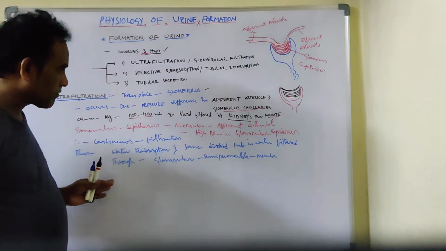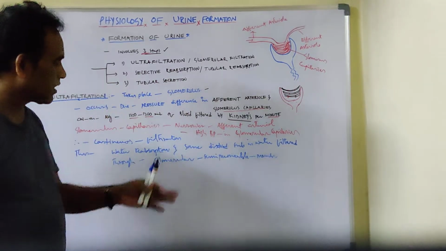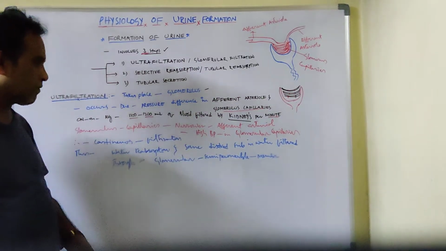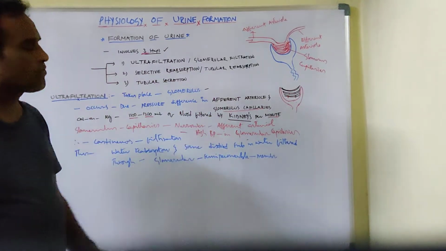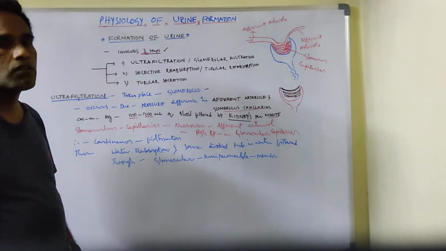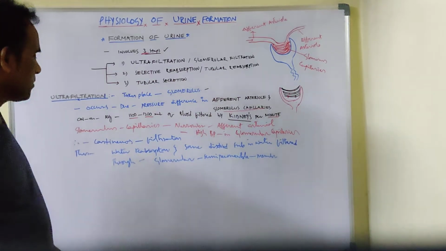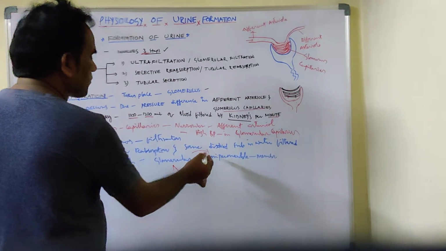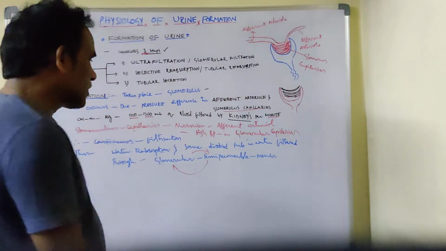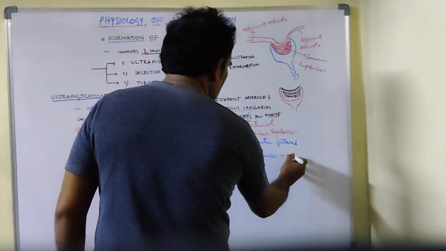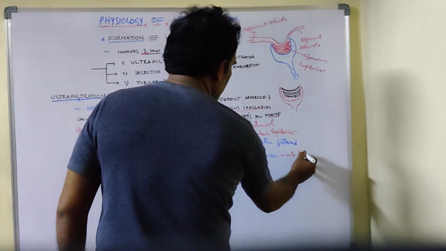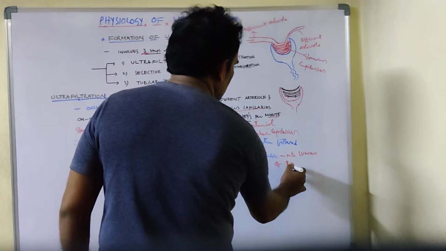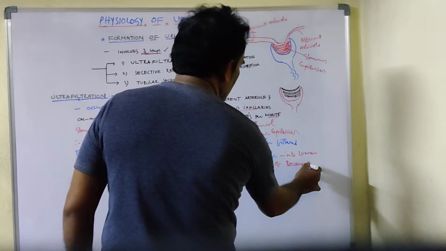So glomerular filtration is continuous. Many of the substances dissolved in water get filtered through the semi-permeable glomerular membrane into the lumen of the Bowman capsule.